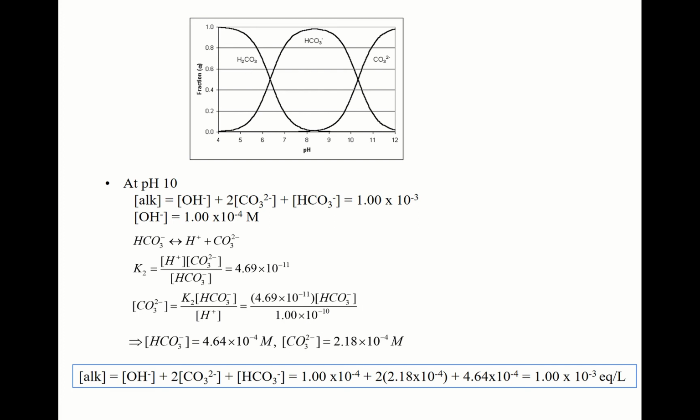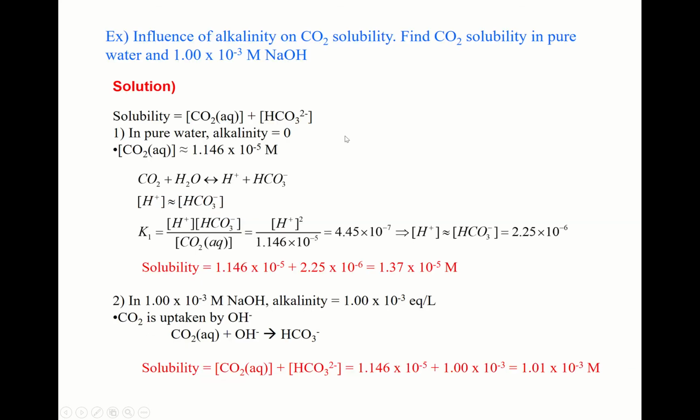For convenience, people usually write it this way. But actually, when dissolved in water, CO2 either exists as the CO2 form, or you can put H2O here, and the bicarbonate form. Since CO2 exists as these two forms, solubility is the sum of these two concentrations.